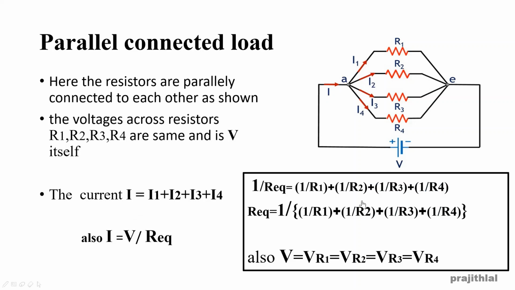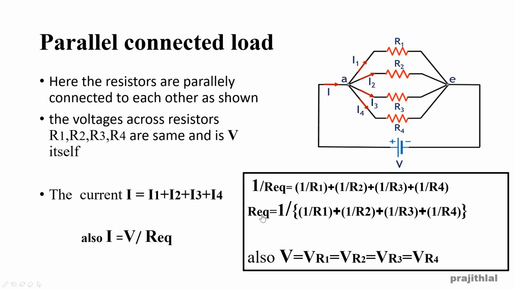So let's see how to find the equivalent resistance in a parallel connected network. In parallel connection, the reciprocal of equivalent resistance is equal to the sum of reciprocal of each resistor. So here the reciprocal of first resistor plus the reciprocal of second resistor, etc., plus the reciprocal of last resistor gives the reciprocal of equivalent resistance.